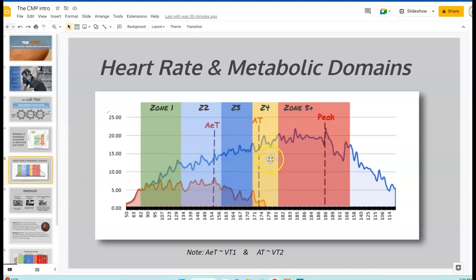When it's trained well, this is where we can stave off some of the waste products from the anaerobic energy systems and delay that fatigue as you're starting to work harder. So both of these thresholds are kind of key to your overall performance on the endurance side.